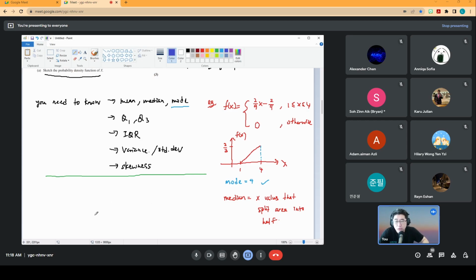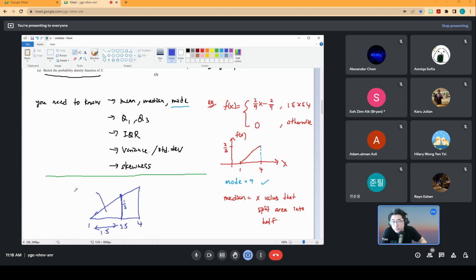You're suggesting 2.5. Let's see. I have 1 here, I have 4 here, and you say 2.5 is here. So the x coordinate is 2.5. I put it inside: 2 times 2.5 minus 2 gives 3, so 3 over 9. So the height is 1 over 3, and the length is 1.5.